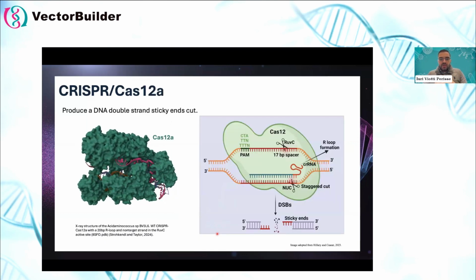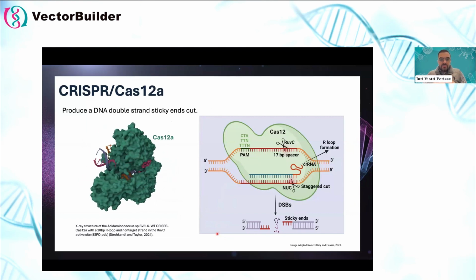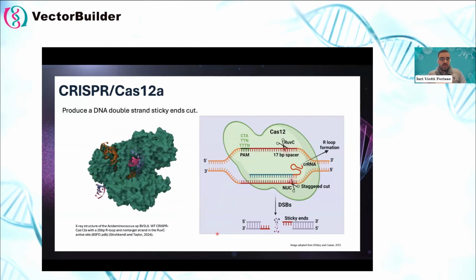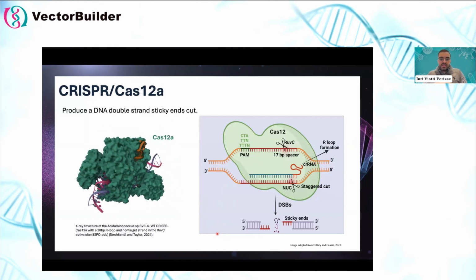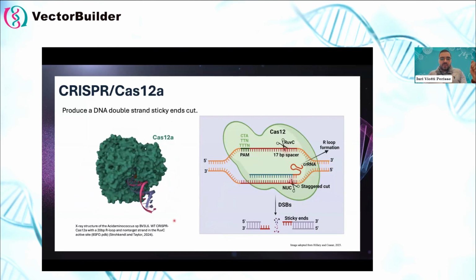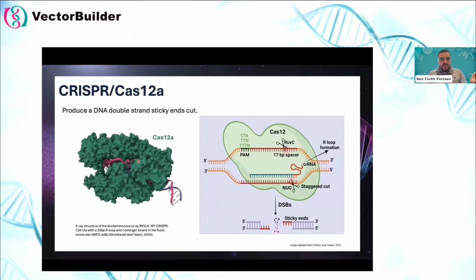The other option that is not very popular, but I have found to be extremely good in our lab, we have used this RNP version, is the Cas12a. The Cas12a is this protein here that you see in green. I can play that. Oh, no, I cannot, sorry.